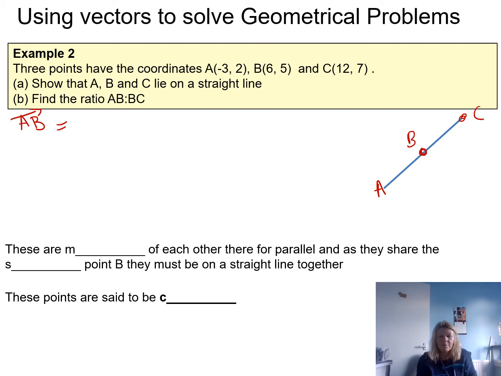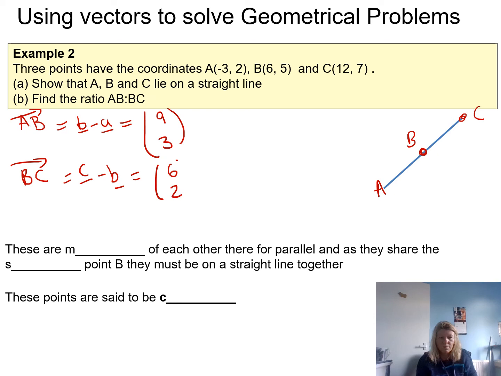Well, the vector A to B is B take A, isn't it? Which gives me 9 and a 3. And the vector B to C is C take B. If I work that one out, I'm going to get 6 and a 2.